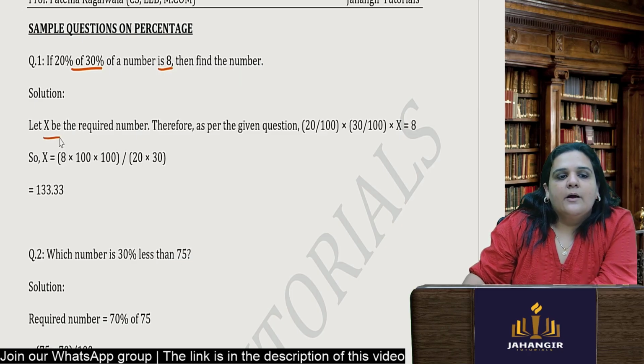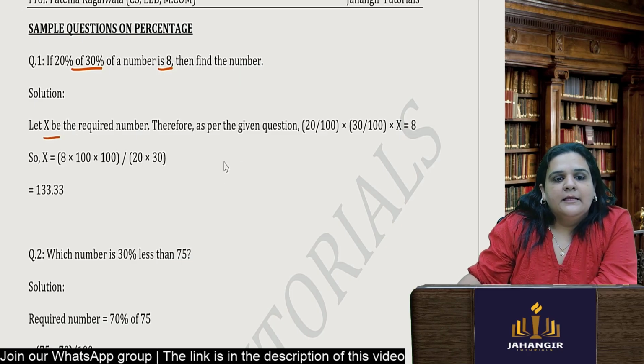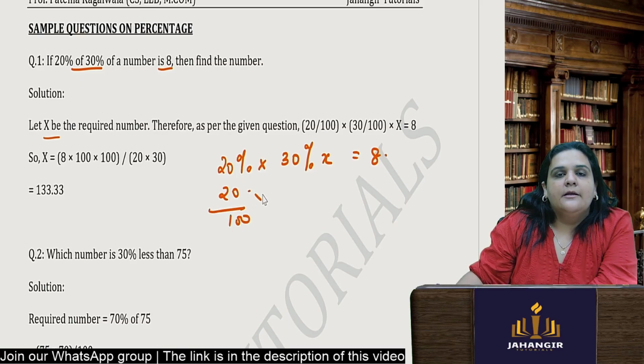So let the required number be x. 20% of 30% of this number x is equal to 8, where 'of' means multiplication. I can write 20% as 20 upon 100, this will be 30 upon 100, x is equal to 8.